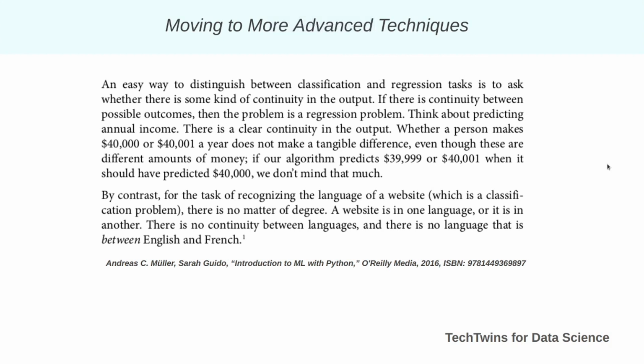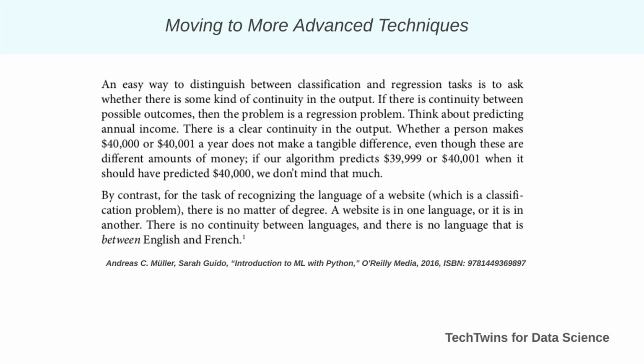An easy way to distinguish between classification and regression tasks is to ask whether there is some kind of continuity in the output. If there is a continuity between possible outcomes, then the problem is a regression problem. Think about predicting annual income. There is a clear continuity in the output, whether a person makes $40,000 or $40,001 a year.